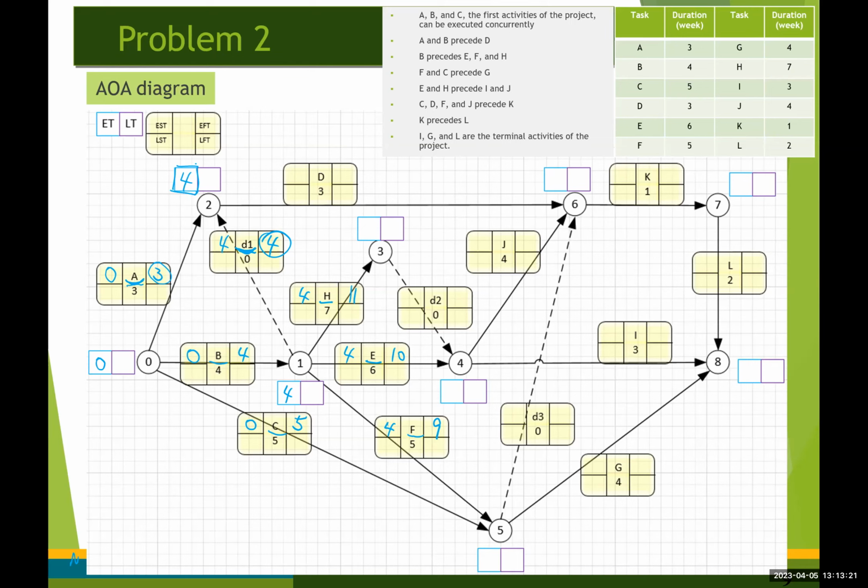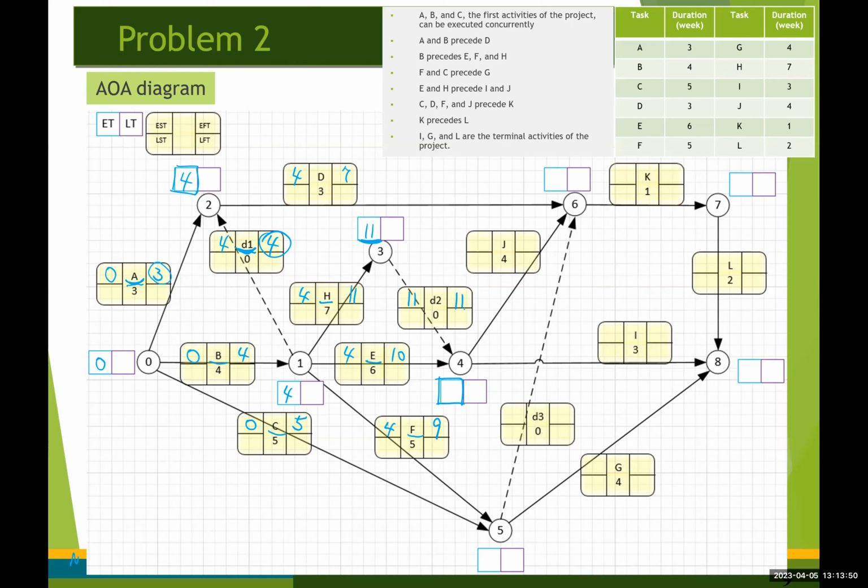So the earliest start time for activity D is going to be 4. 4 plus 3, 7, right? And then we can get the earliest time for event number 3. That's going to be 11. 11 plus 0, 11, right? Now we are ready to determine the earliest time for event number 4.